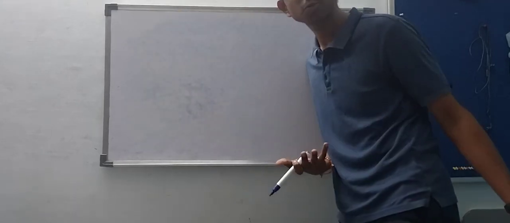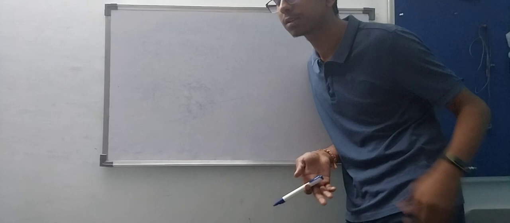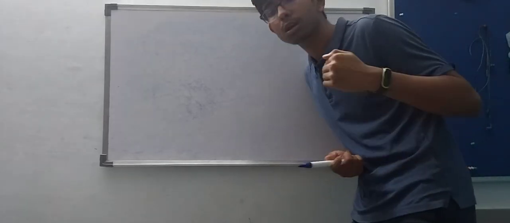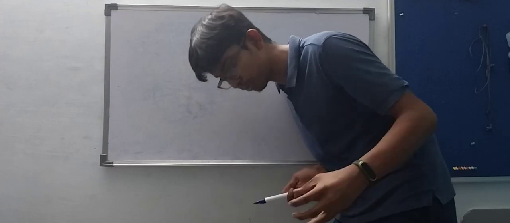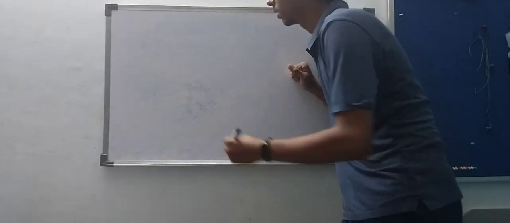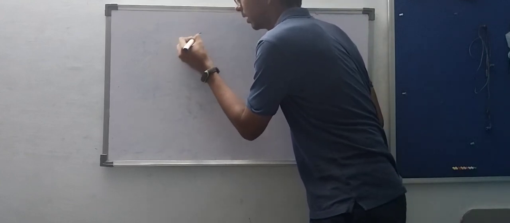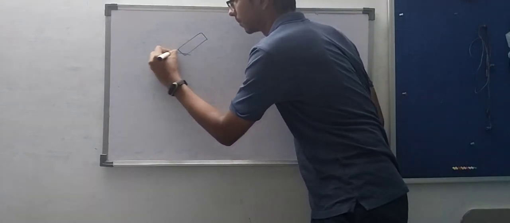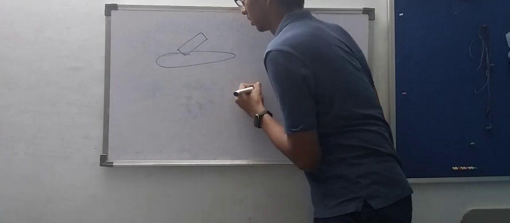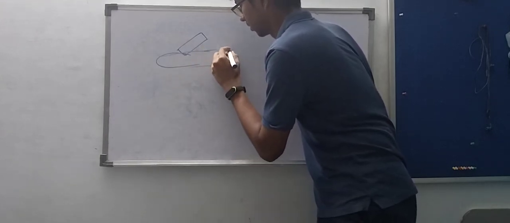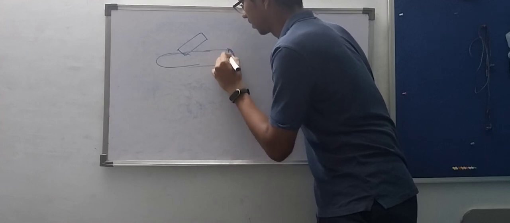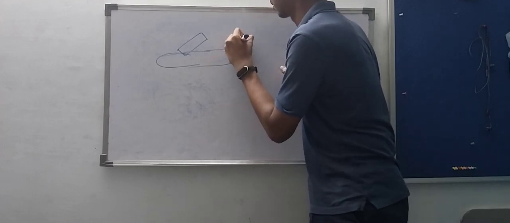Now, this is where I usually tend to get confused, which is the stopping potential, and how the potential is affecting the photocurrent. I'll make a very raw, quick diagram. This is the collector plate.